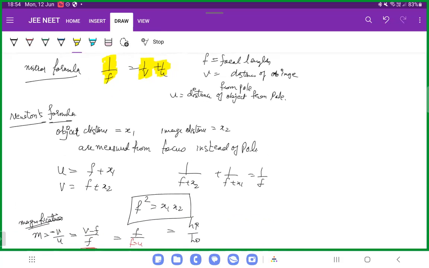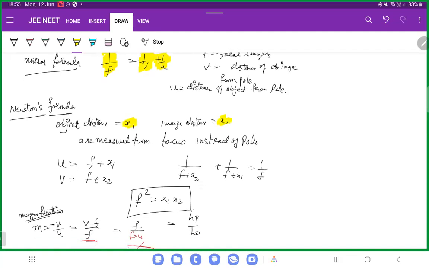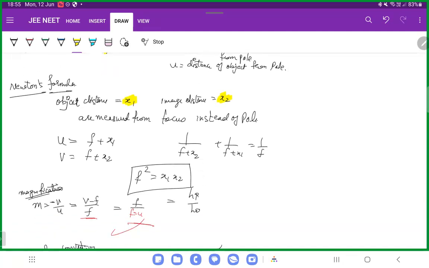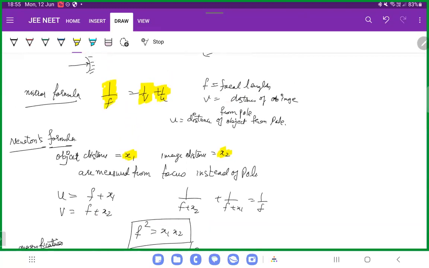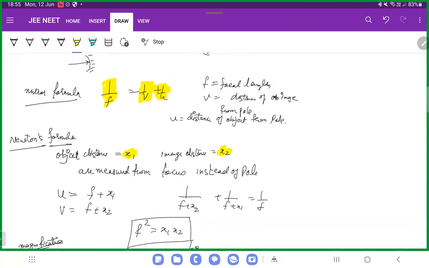To derive Newton's formula, the object is kept at x1 and the image is formed at x2. So the object distance is f plus x1. Suppose this is a mirror.